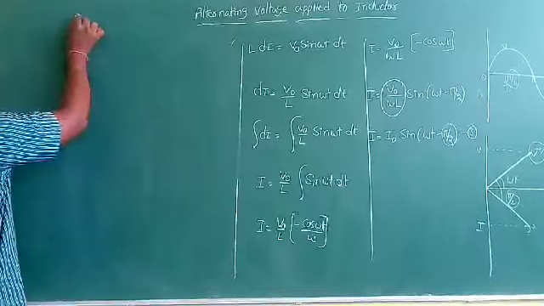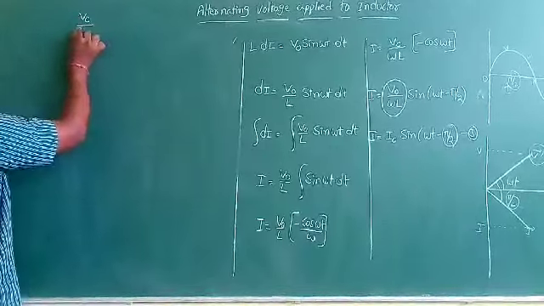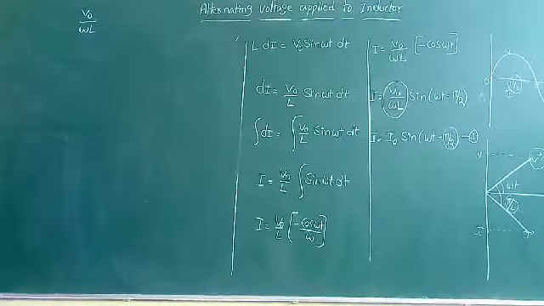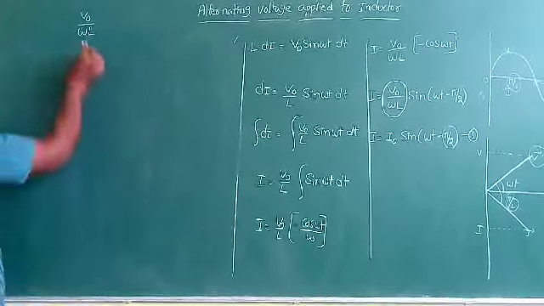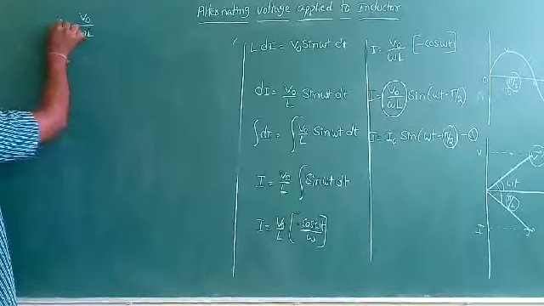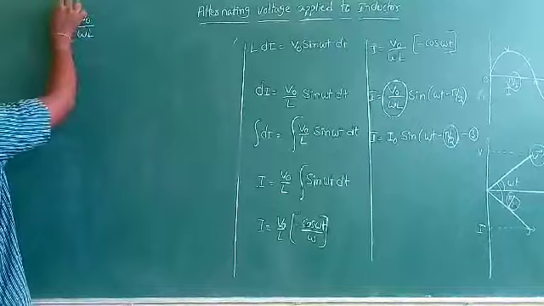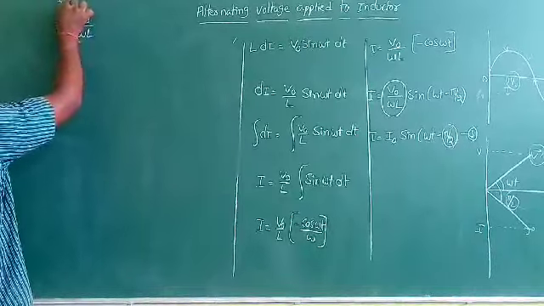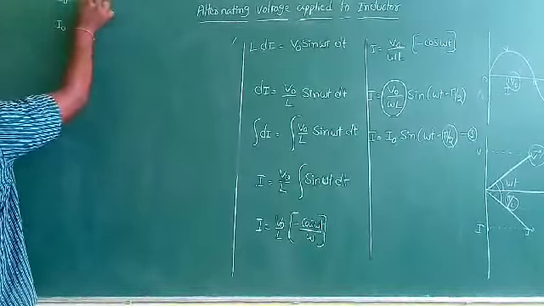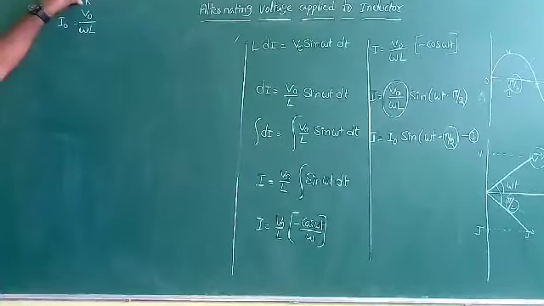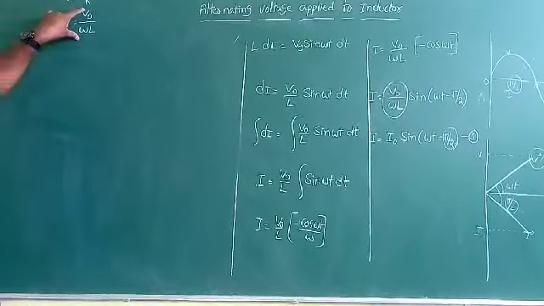This V0 by ωL, I can write it as I0. In the previous equation, I0 is equal to V0 by R. That was for purely resistive and this is for purely inductive.